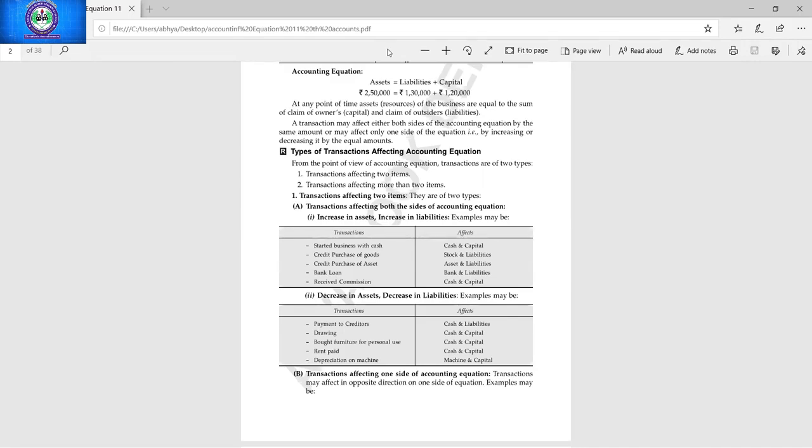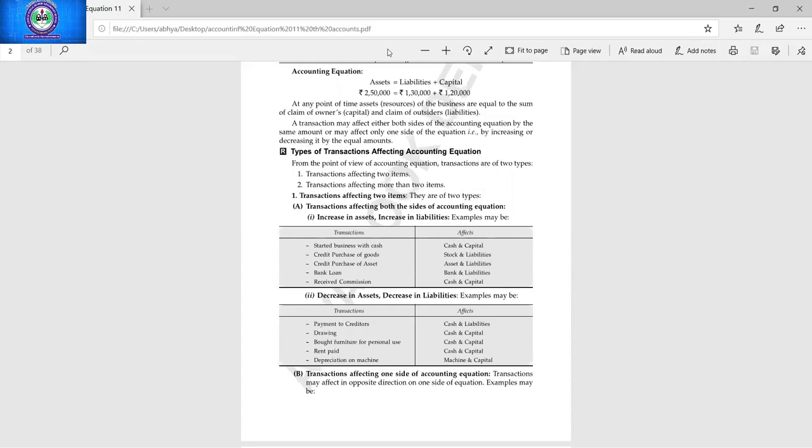So the only new thing I have told you today is the treatment of income and expense. Rent received is an income, and rent paid is an expense. Interest received, anything which is received, is an income, and interest paid is an expense.